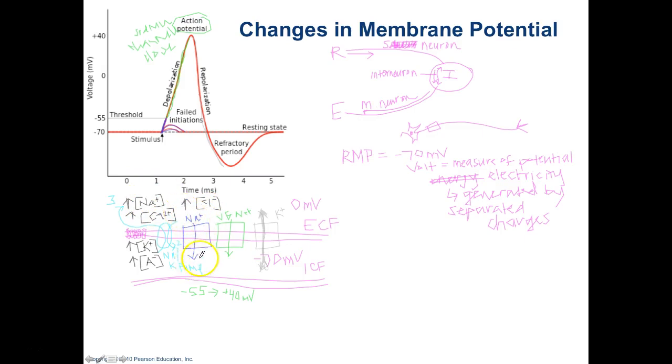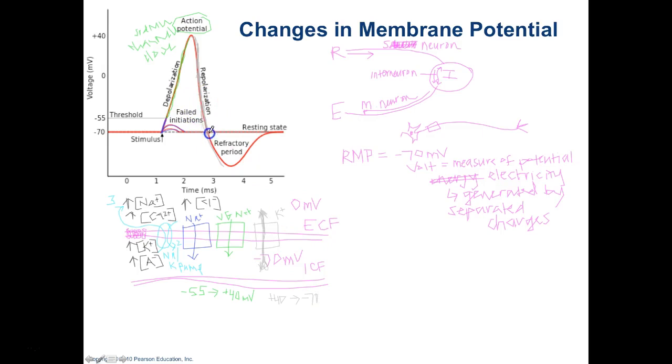So that's why it's flowing in this direction inside the cell. So repolarization is what we're going to term when all that potassium is flooding out of the cell. And that is bringing that membrane potential from the positive 40 to negative 70.